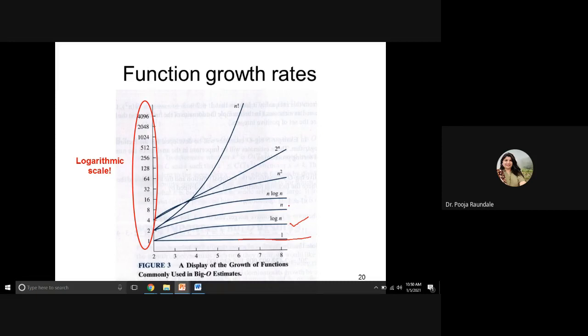Now look at this. This was log n. This is n. N behaves like this. N log n is like this. This is n square, 2 raised to n, and n factorial. See, now if the input increases, how does this behave?